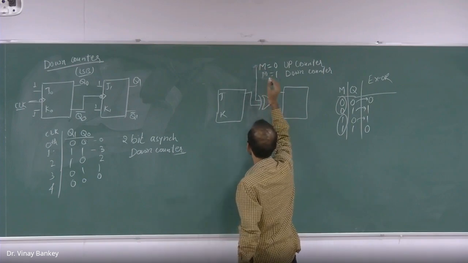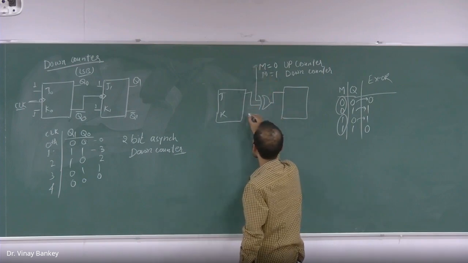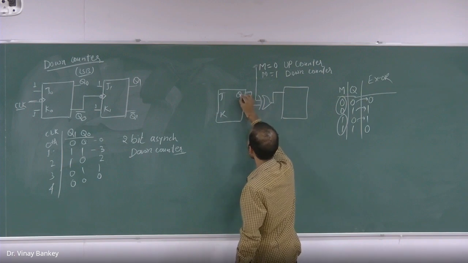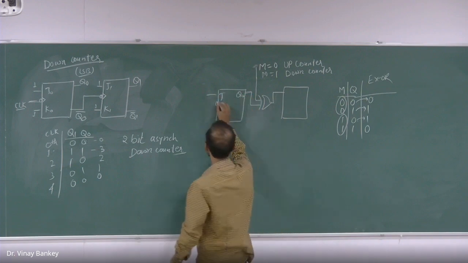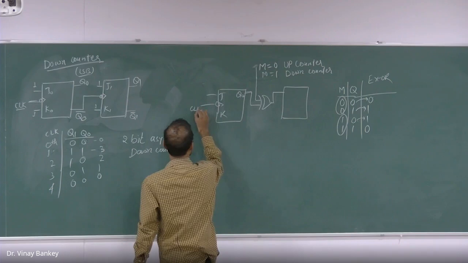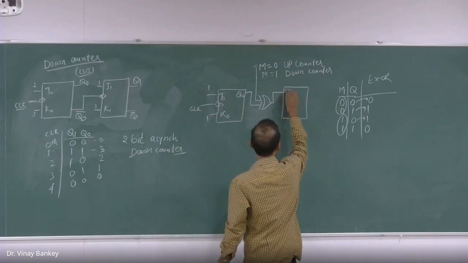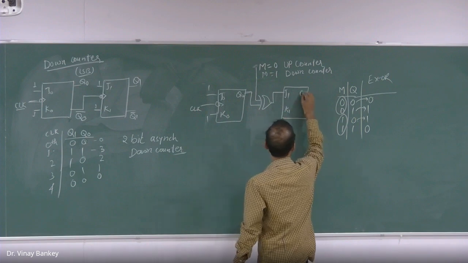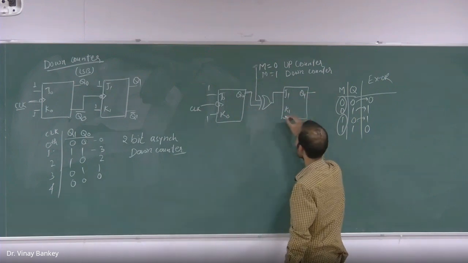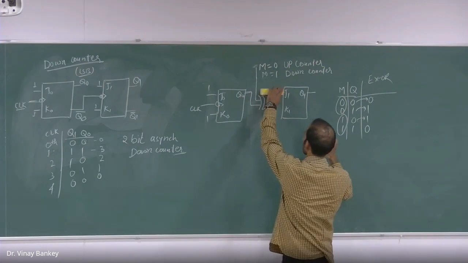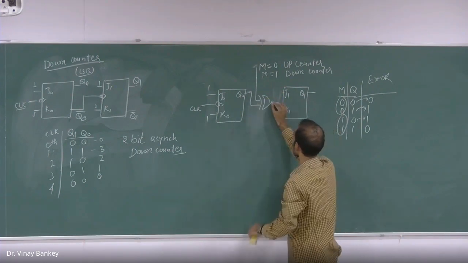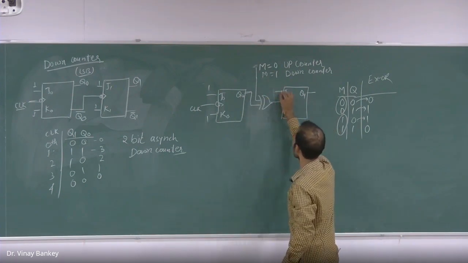This is my mode, and this is Q0, clock pulse, both J and K are high. This is J1, K1, and Q1, and this is connected to the clock pulse of the second one.